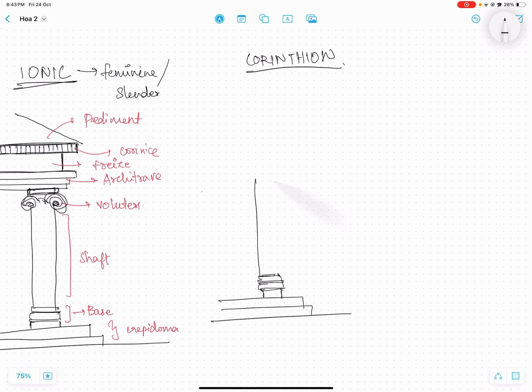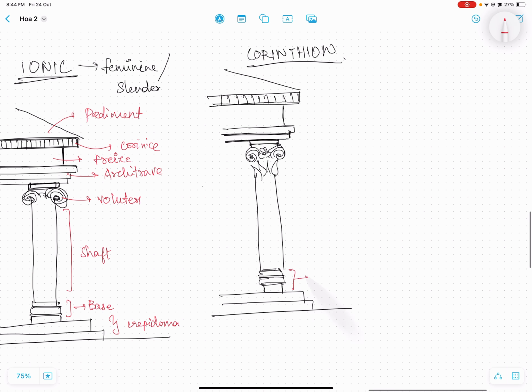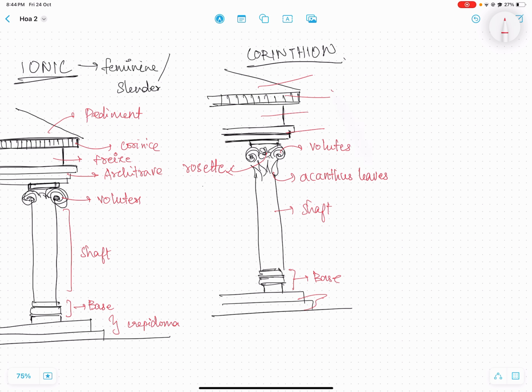Your base, so we have our base, crepidoma, your shaft, acanthus leaf, volutes, this is called a rosette, and then architrave, frieze, cornice, pediment, and these three form your entablature.